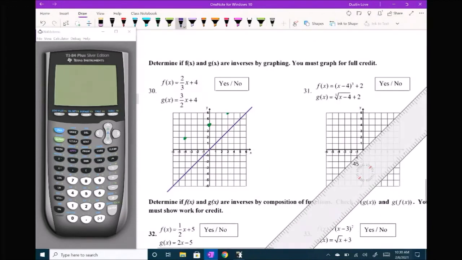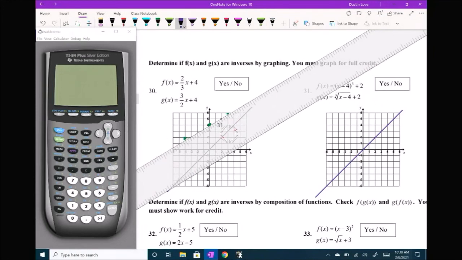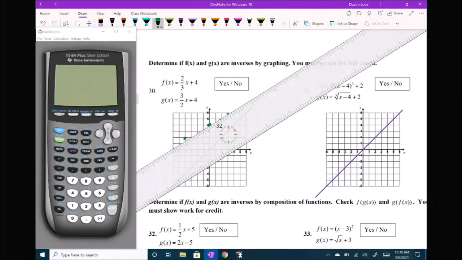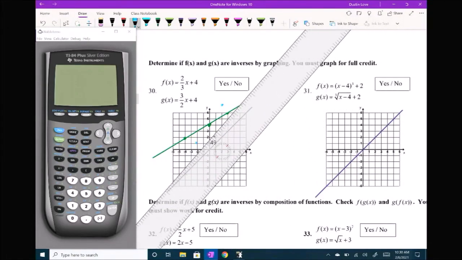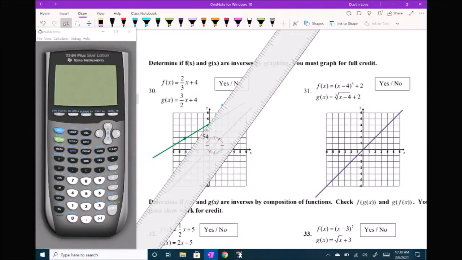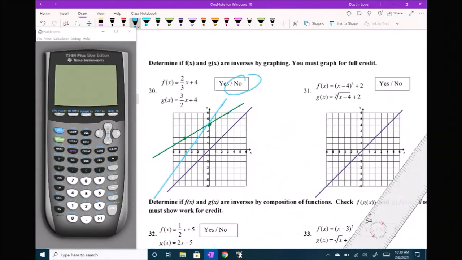That way I don't have to reposition my ruler again once I change it. Okay, now 3/2 x plus 4, so same y-intercept. Rise 3, run 2, 1, 2, 3, 2. Yeah, that one is definitely not a reflection over the line y equals x.